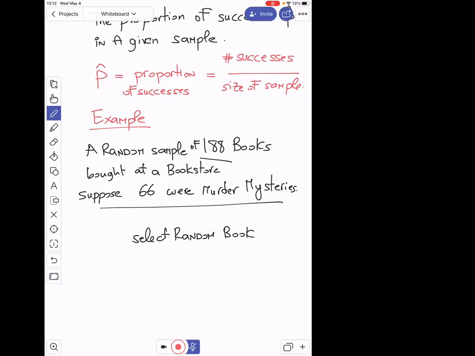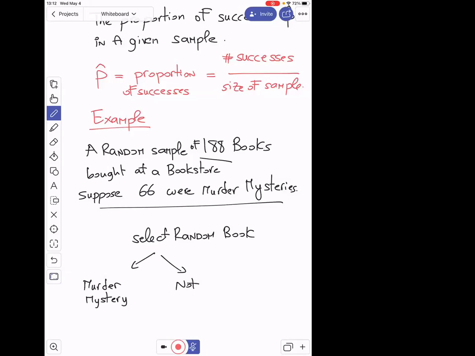Now, we are interested in the number of books which are murder mysteries. When you select a random book, of course, either the book is a murder mystery, or it's not.